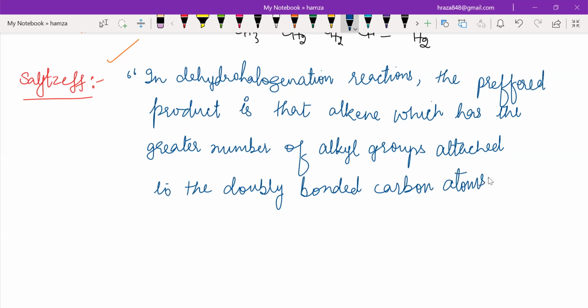Please write it and let me know, in pent-1-ene and pent-2-ene, which one is more stable or the major product.